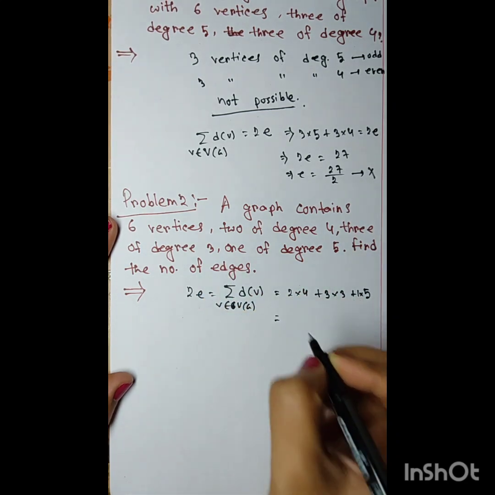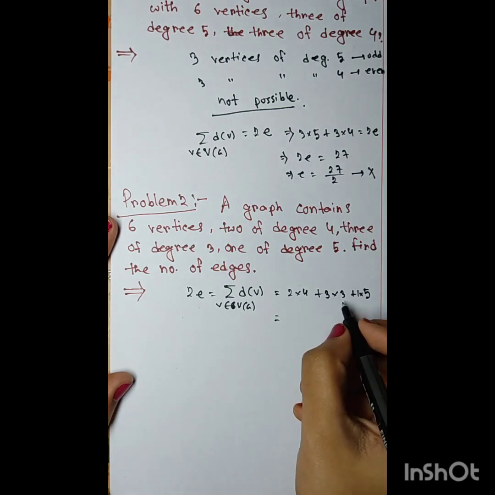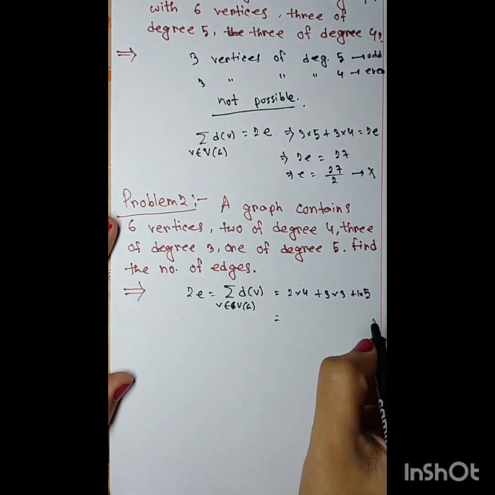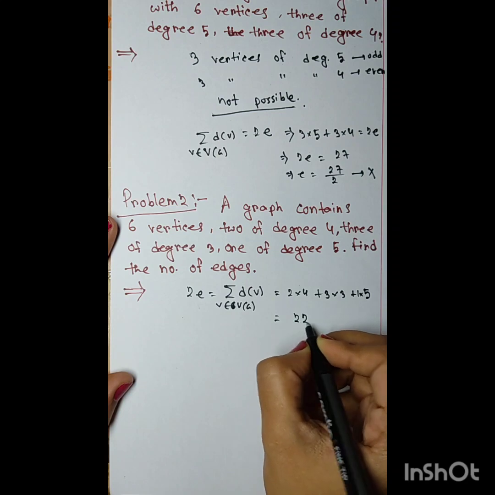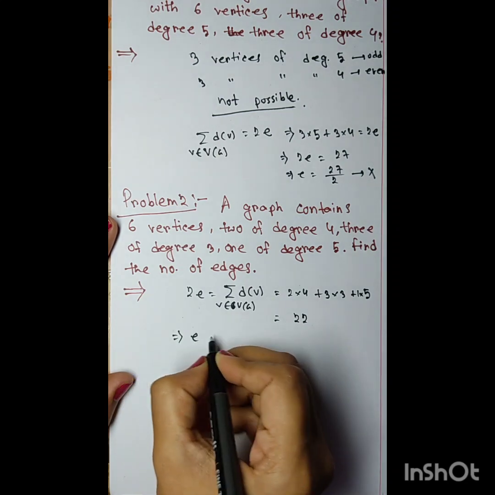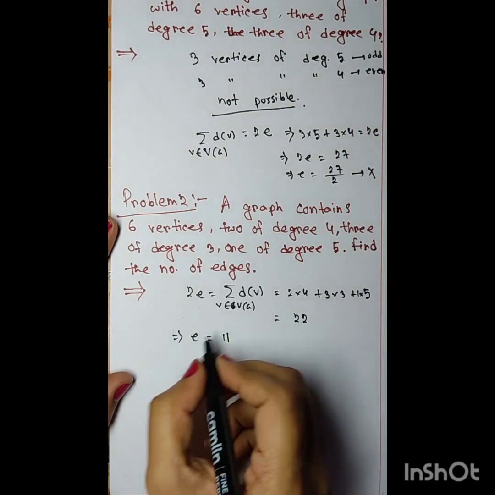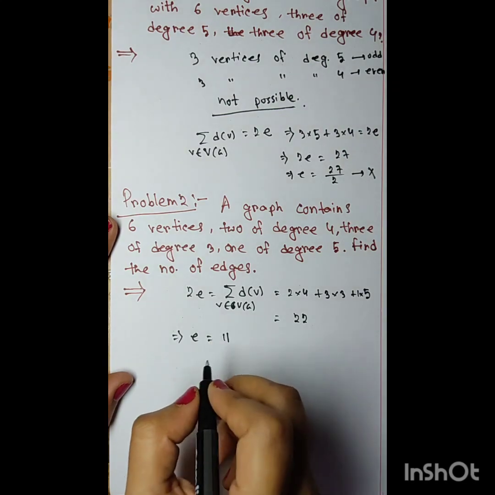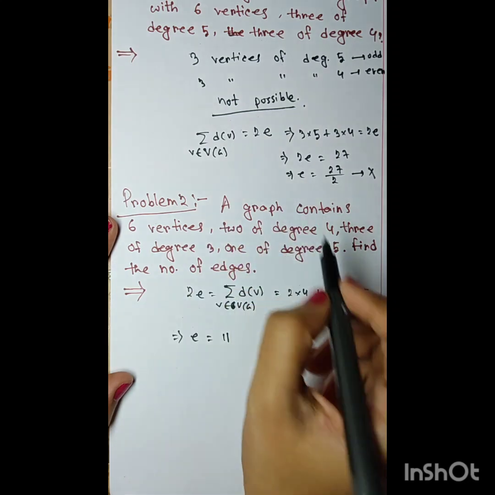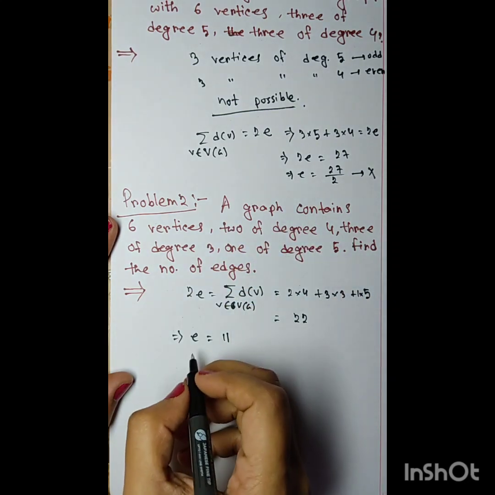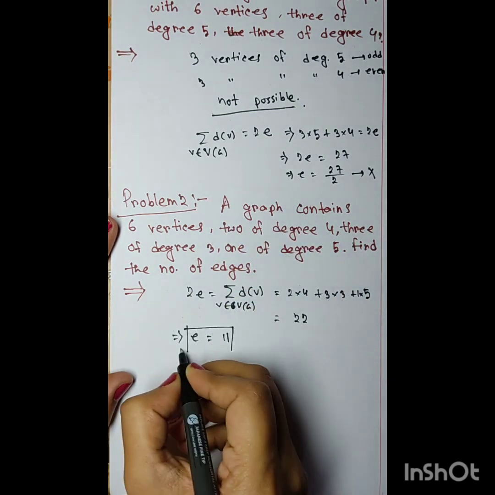The sum is 8 plus 9, 17, plus 5, so 22. This implies that E is equal to 11. So we can draw a graph which has these vertices with these degrees, and it will have 11 edges.